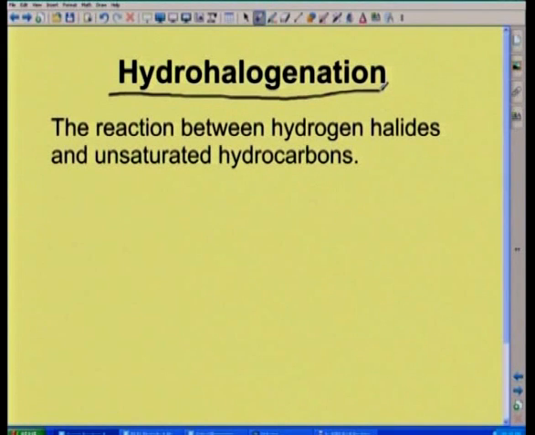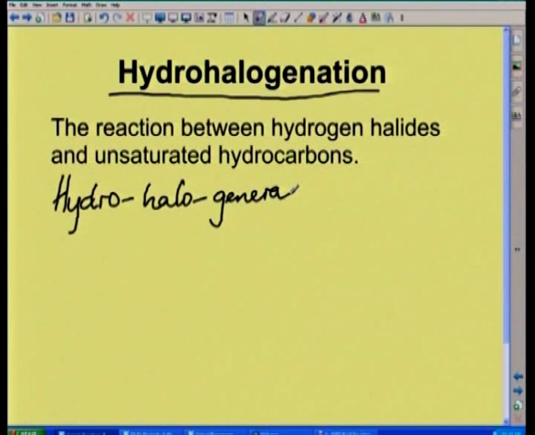Now let's come to hydrohalogenation. Now this word here can be broken up into three parts. Hydrohalogenation. Now, genation, what am I drawing? It should be genation here. Now, if you check here, you have combined two things.